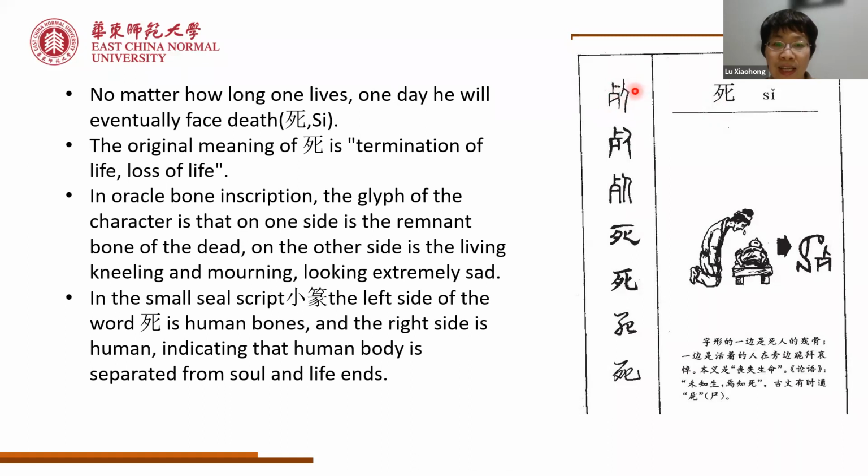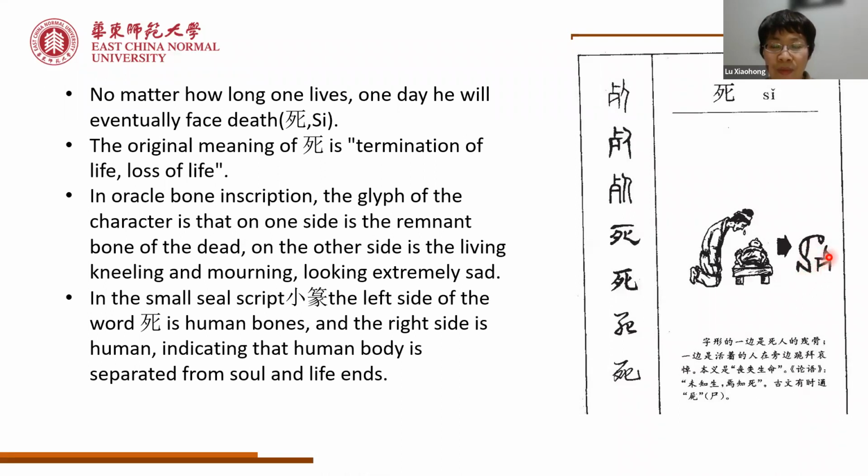And on the other side, let's see, this picture is more clear. So here is the remnant bone of the dead. And on this side, the left side, is a person who is still alive, maybe his relative. So the living, kneeling and mourning, looking extremely sad.